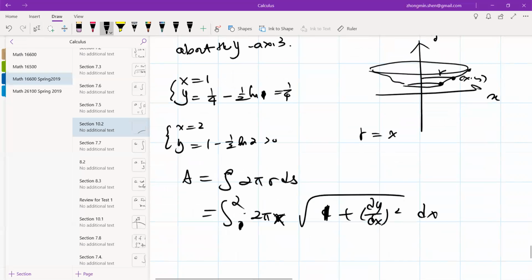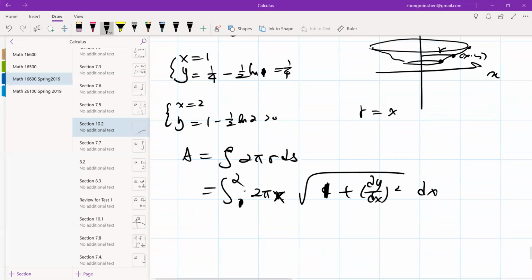If we understand how we get r and how we get ds, then there's no other way to go. You have to use dx, not dy, unless you don't understand the integral. Because you cannot express r in terms of a y variable.